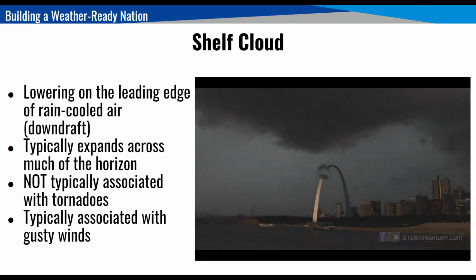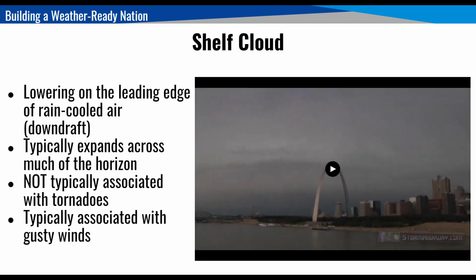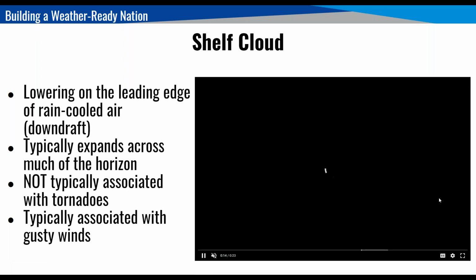While this particular feature can look very nasty, it is not typically associated with tornadoes, but it is associated with very gusty winds. That is showing you where your gust front is, and as a result, potentially dangerous gusty winds.